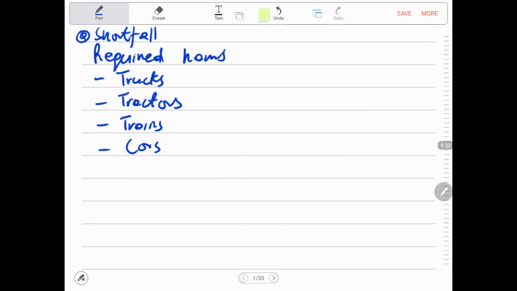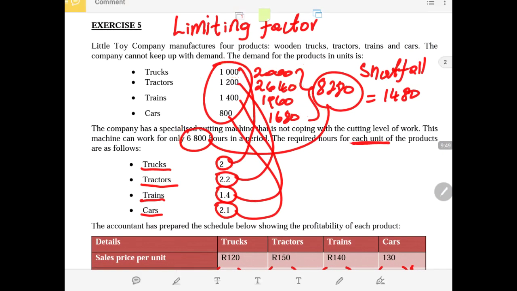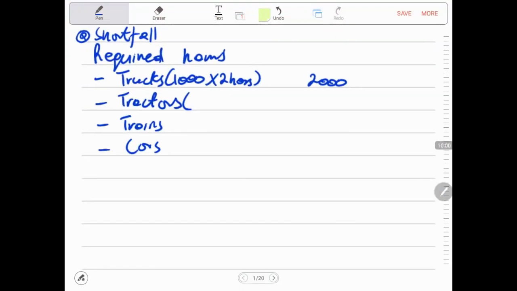Then our trucks is 1,000 units. Multiply this by the number of hours, which is 2 hours, the number of hours it takes to complete 1 unit, and this gives us 2,000 hours that are required to complete 1,000 units. Then the next step is the tractors, it is 1,200 units. Multiply this by 2.2 hours, which is the required hours to complete 1 unit.